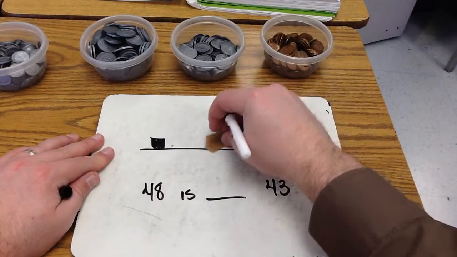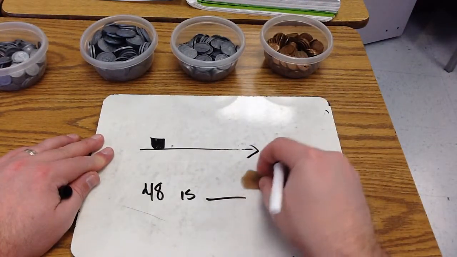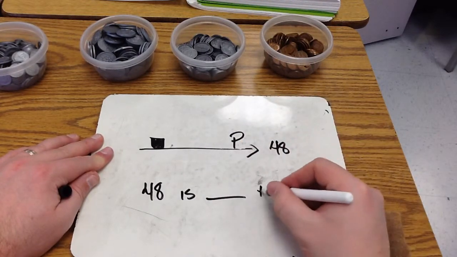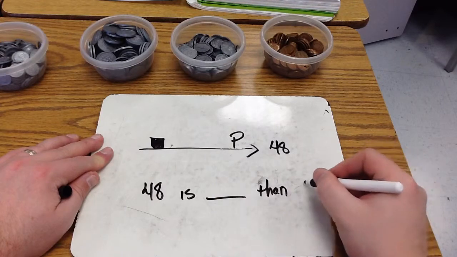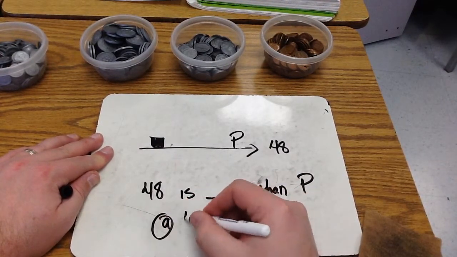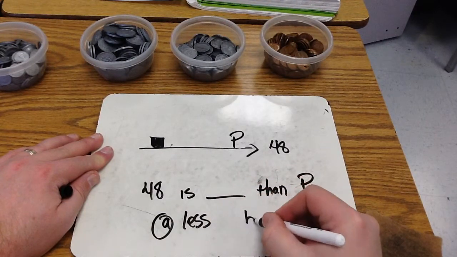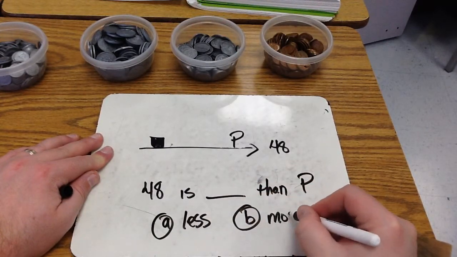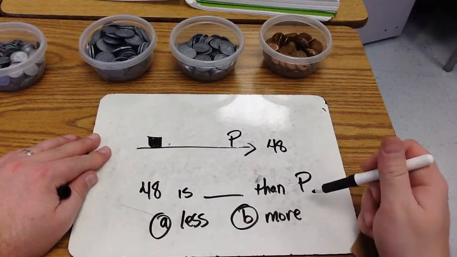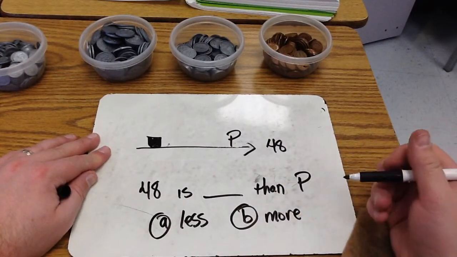Actually, let's change this 43 into a letter. We'll call it P. 48 is either less or more than P. So is 48 less than P, or is 48 more than P?